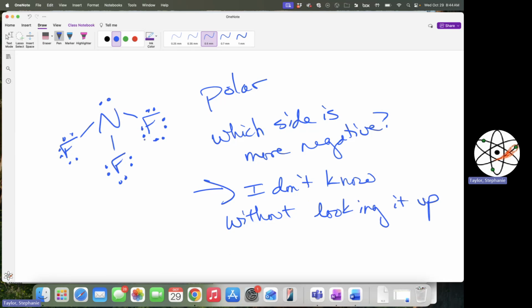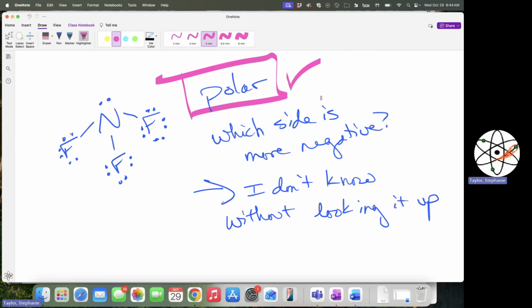What we would expect you to know is that this is polar. That you can definitely know, so you could still do intermolecular forces off of this. You could still tell me lots of things about this.